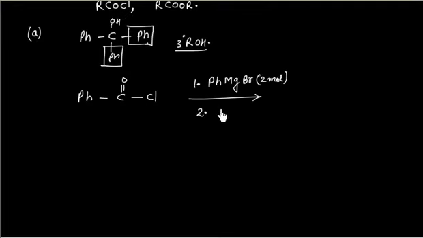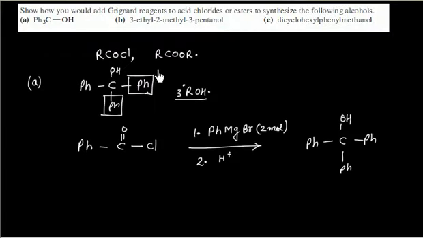And then finally we have to acidify, then we'll get this desired product, that is Ph C OH Ph Ph. The reaction can also be performed in the presence of ester. The mechanism will be very similar.